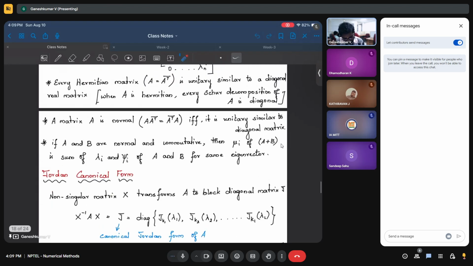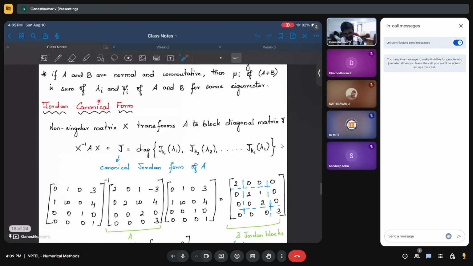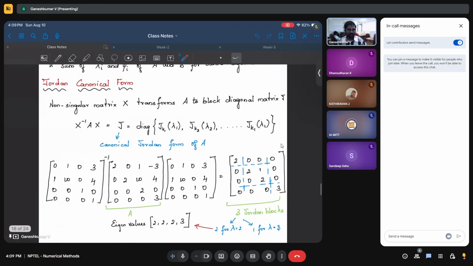If that is the case, then A is unitarily similar to a diagonal real matrix, and A is normal if and only if it is unitarily similar to a diagonal matrix. All right, so these are normal properties of things, doesn't matter.